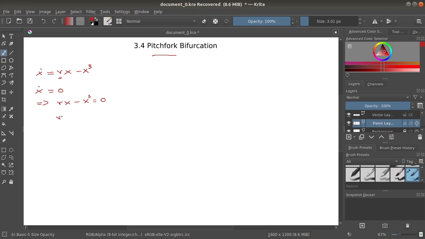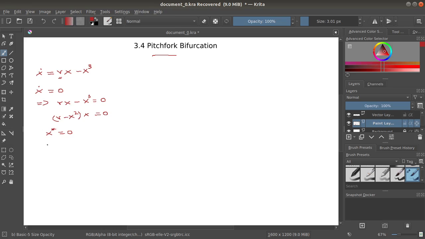That results in (r minus x square) times x equals 0. So finally x star is 0. Irrespective of the r value, this is always going to be a fixed point, which we observed in the graph as well.